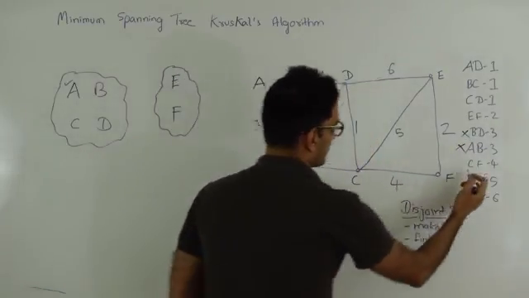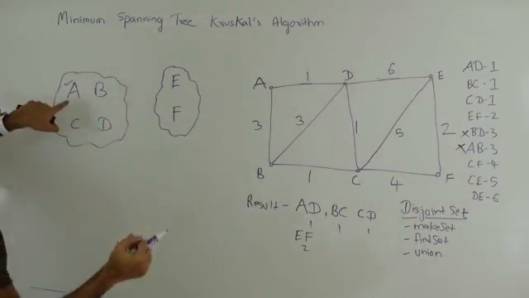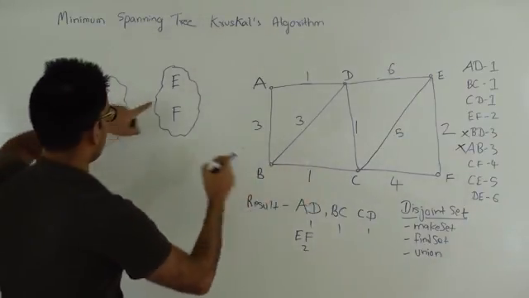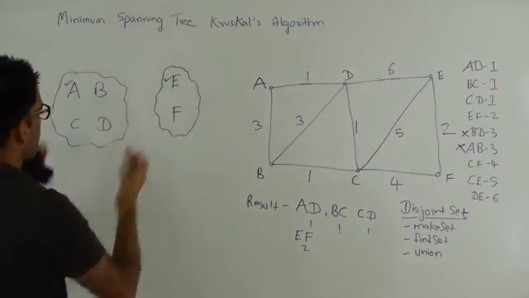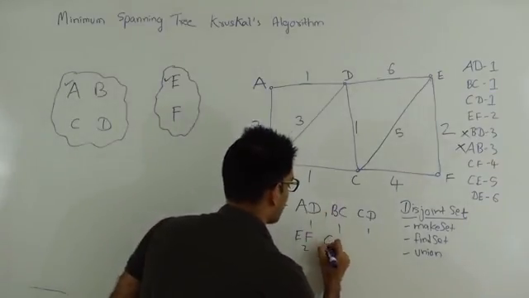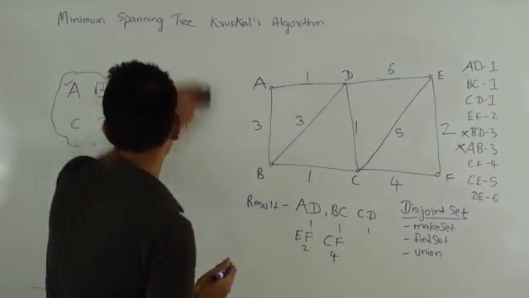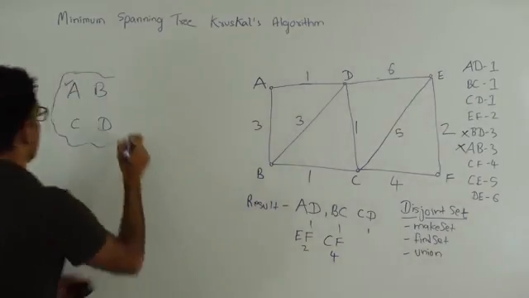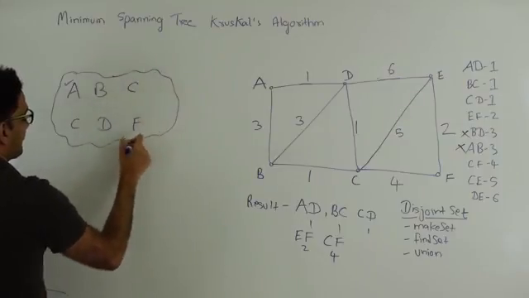Then we'll pick the next edge CF. So C is in the set A and F is in the set E, and so they are in 2 different sets. So we'll again pick this edge CF and merge these 2 disjoint sets.